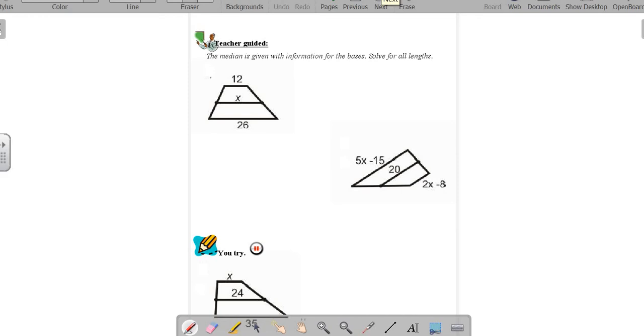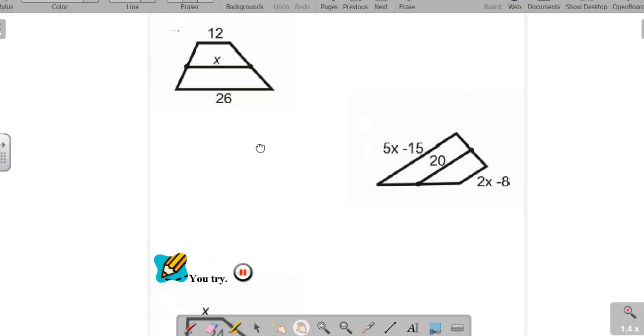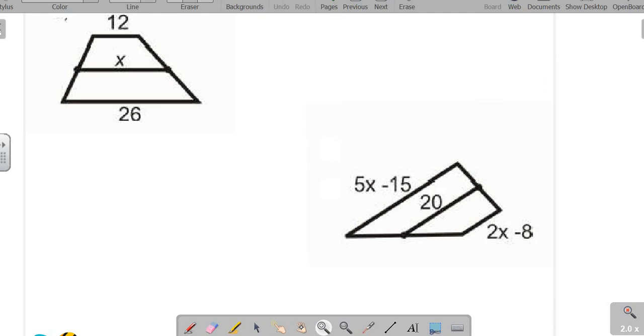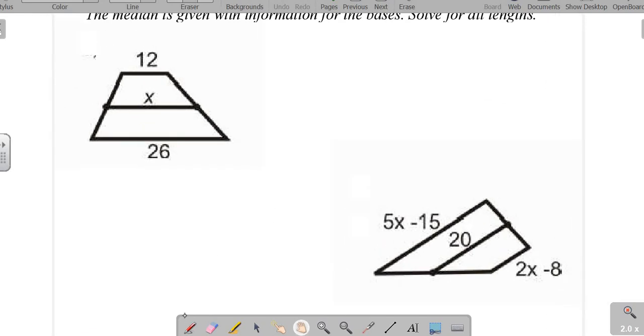So let's take a look here. I'm going to do this page with you and these two, and then you do the bottom on your own. So your equation is median equals base plus base over 2.